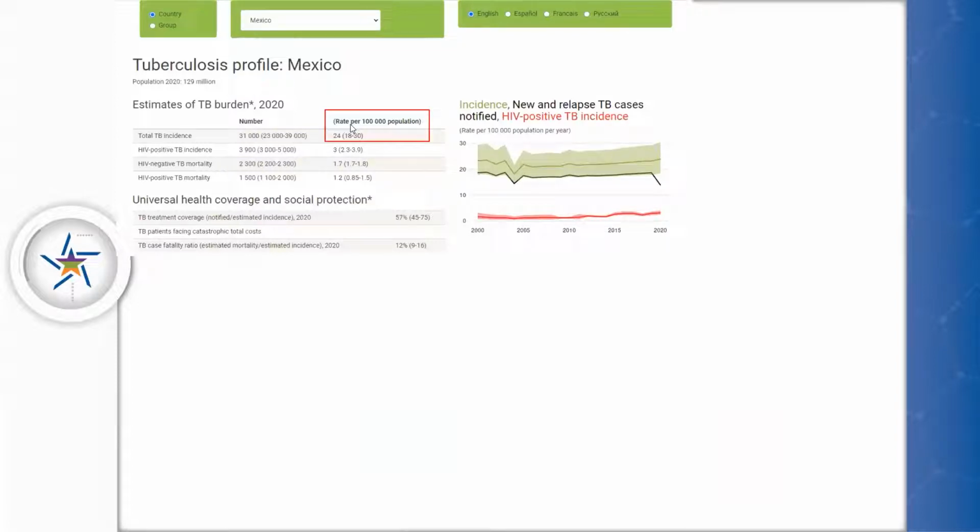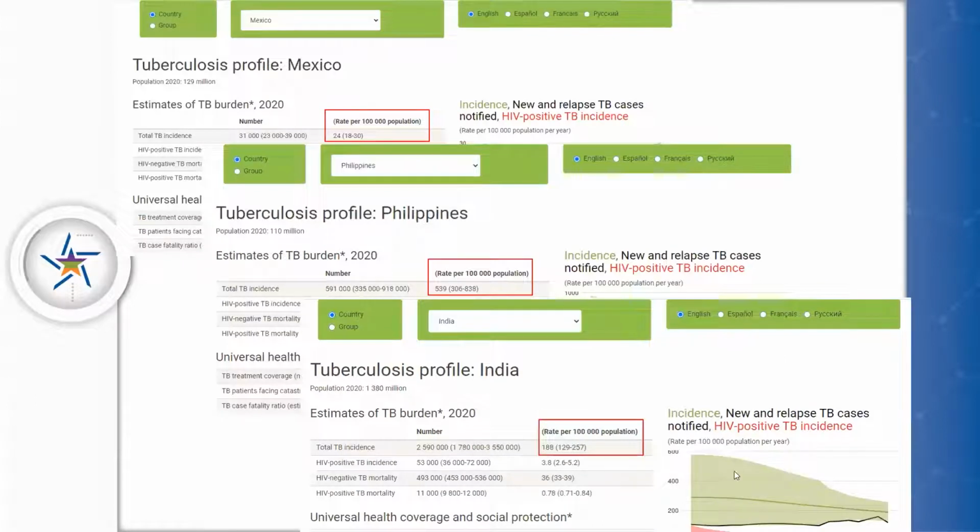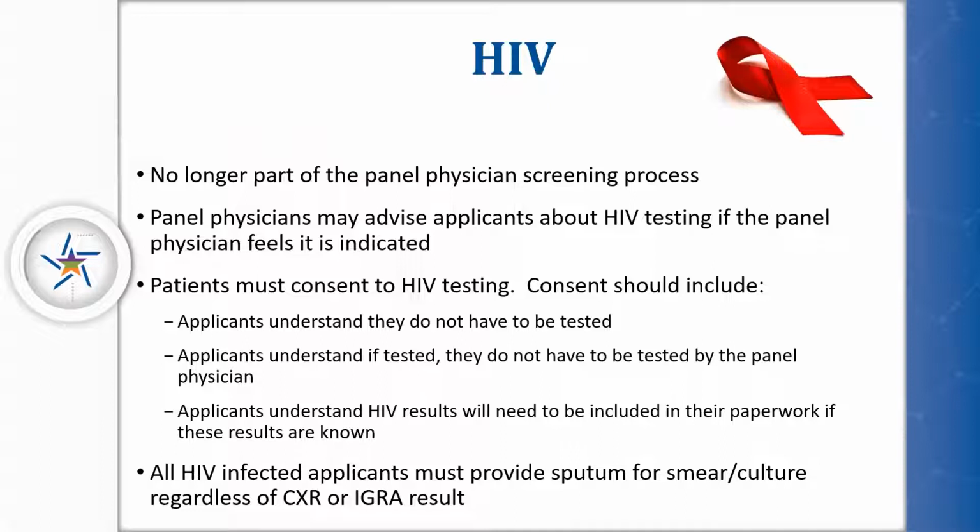If you look at the rate per 100,000 population, total TB incidence is 24 for Mexico, for example. The Philippines, 539, and India is 188. So it varies by country and by region, but this is one way that you can determine what the actual rates are for the individual countries.